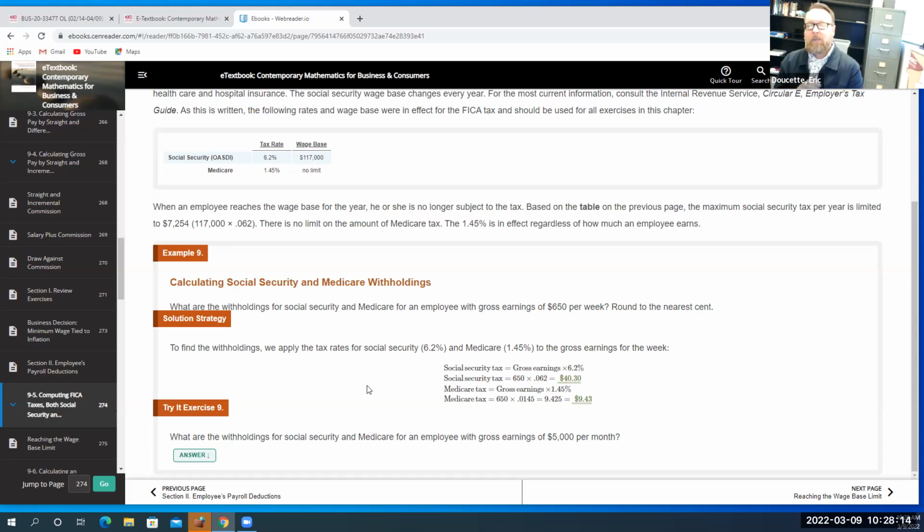In the example here at the top, it says that the maximum Social Security tax per year is limited to $7,254, or 117,000. So once you've reached the 117,000, you don't have to pay any more taxes for anything over that. That's probably the only tricky part with some of those earlier questions.